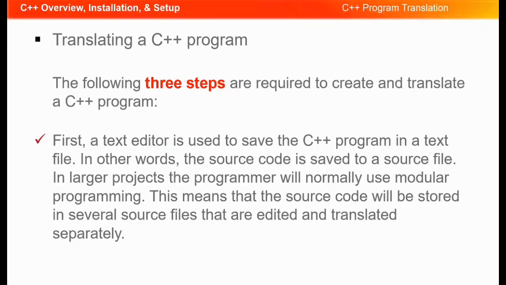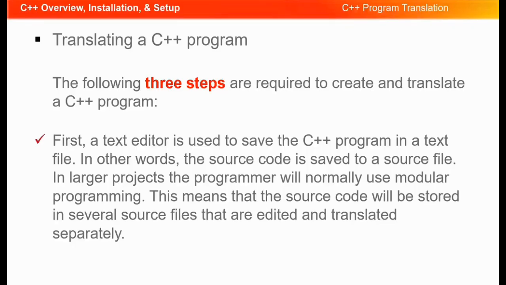So there are 3 steps involved, and the first one you'll perhaps be familiar with is the use of a text editor where you can write and save your code. This can be a development environment. In other words, we say that this is the source code and it's saved to a source file. In larger projects, you normally have more than one source file, and this is what we call modular programming. You could have, for example, one file per class.